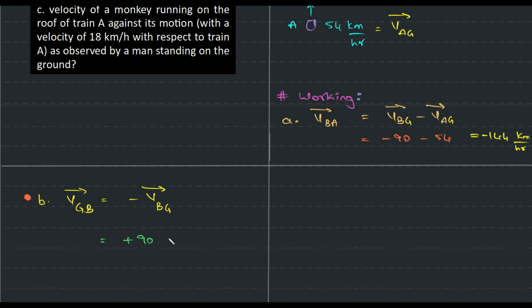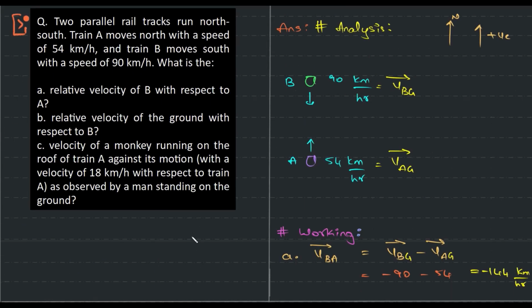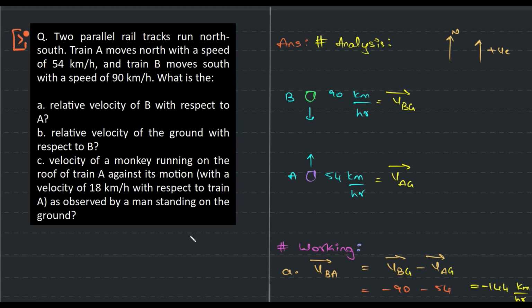So if I have a tree, then from an observer in train B, the tree will be moving away in the northern direction at a speed of 90 kilometers per hour. Again, you need to sit and imagine this, and watch a few videos that we have already shown.